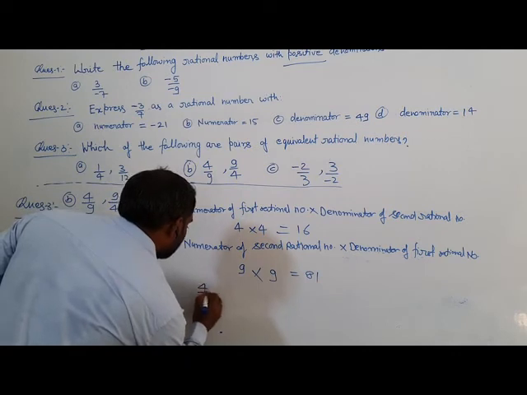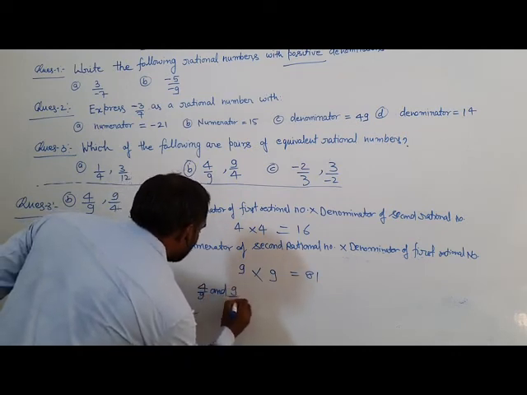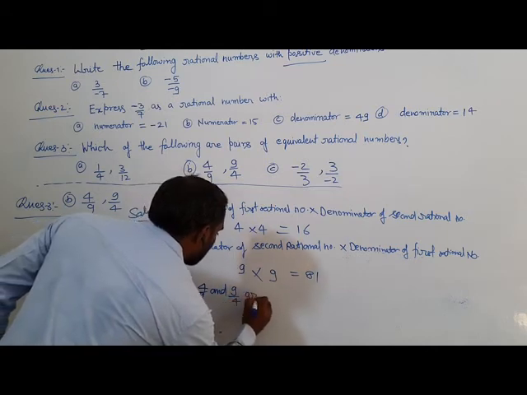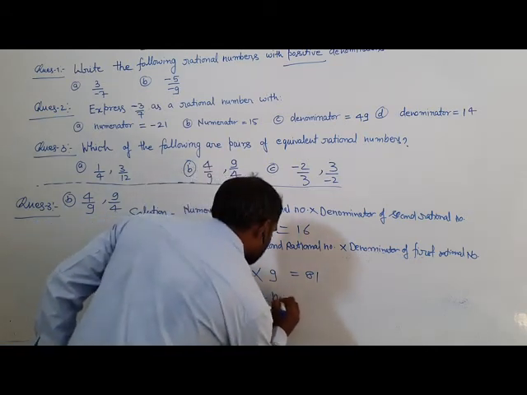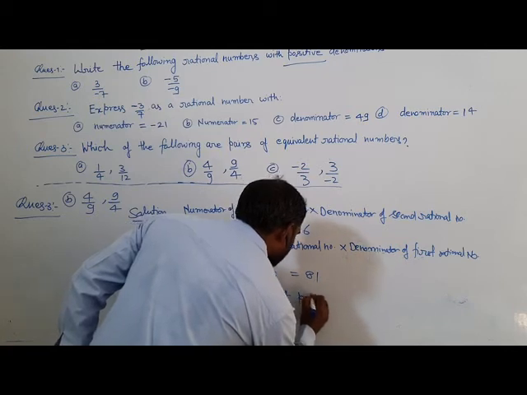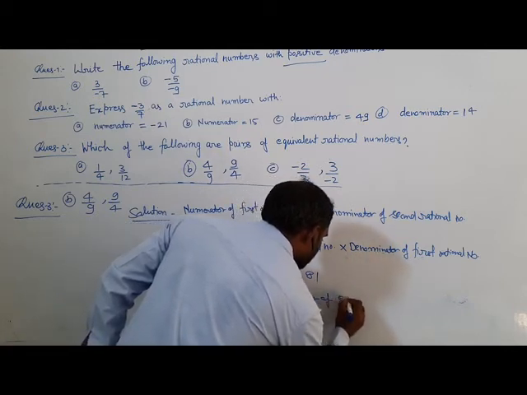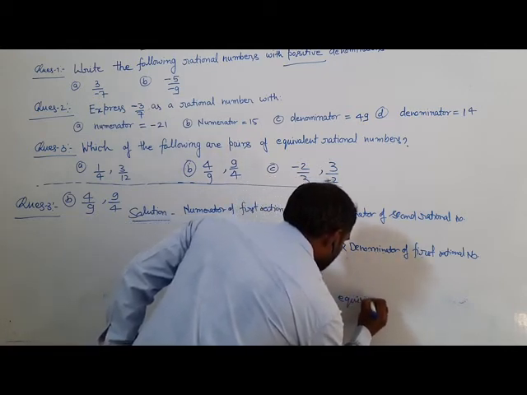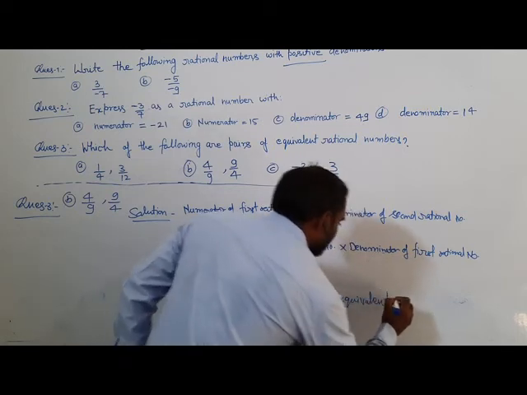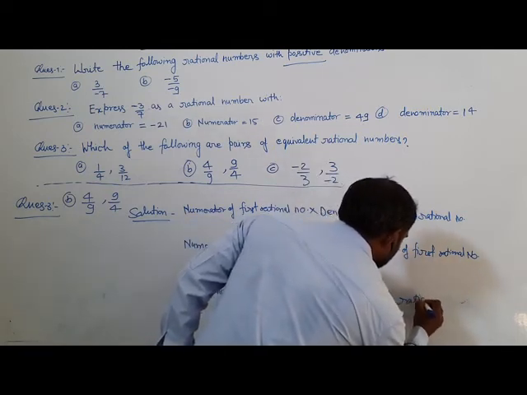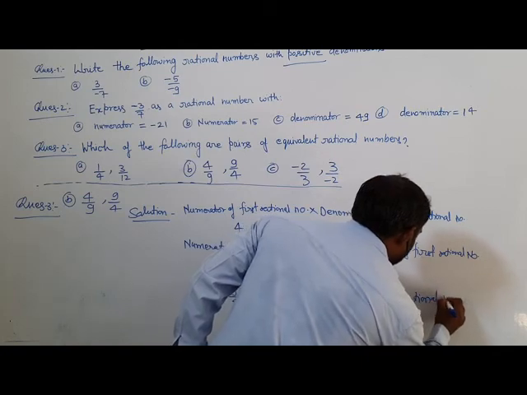So 4 by 9 and 9 by 4 are not a pair of equivalent rational numbers.